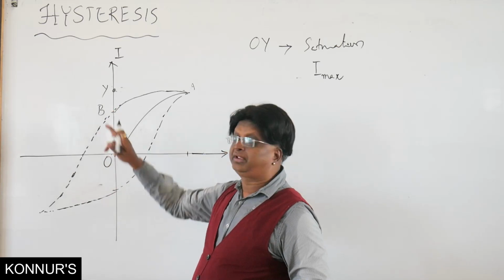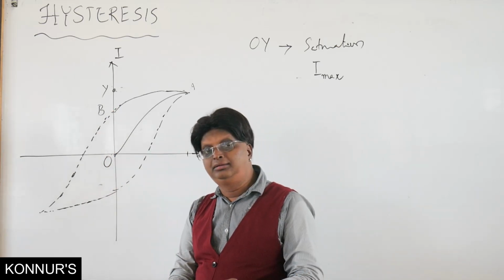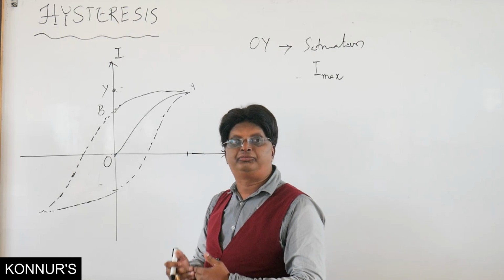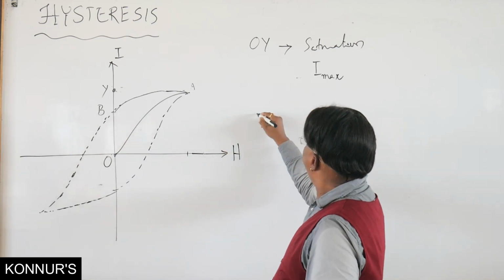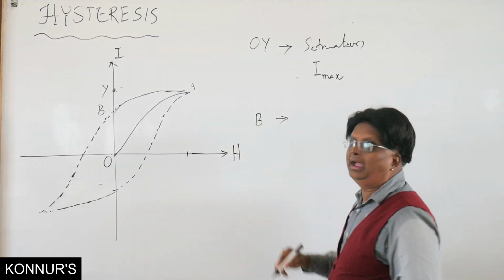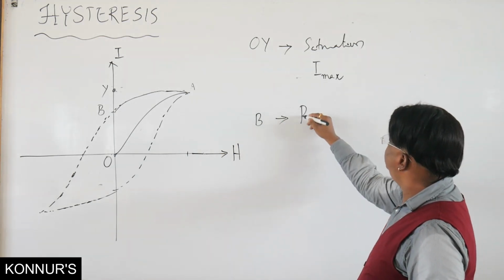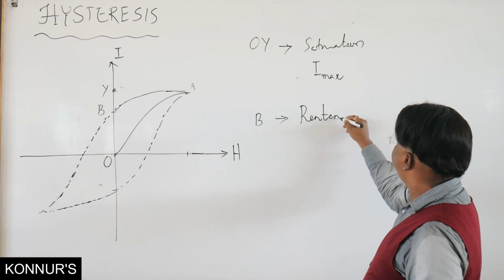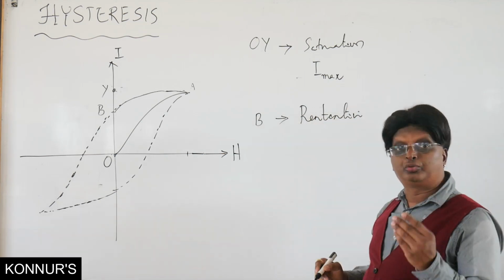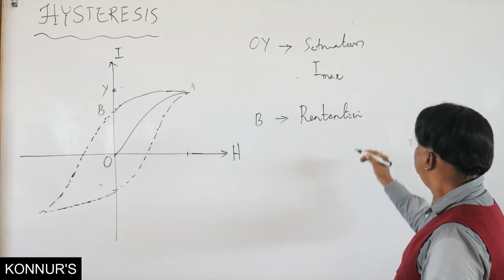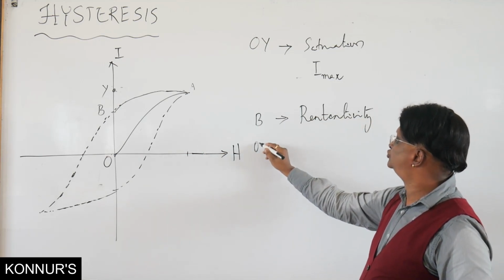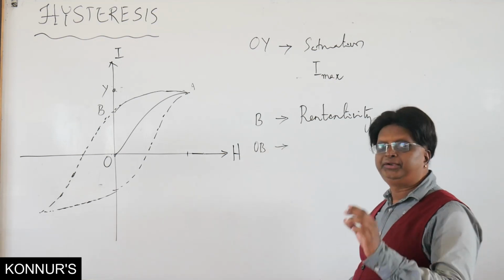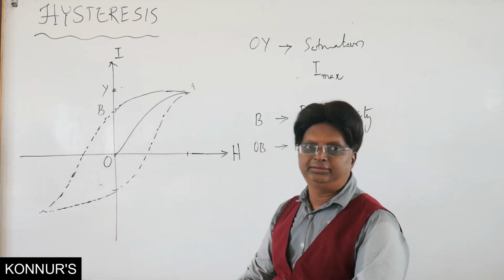So it shows the ability to retain magnetization. This point B we call the retentivity property, the ability to retain magnetization.